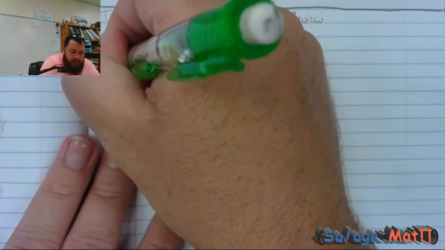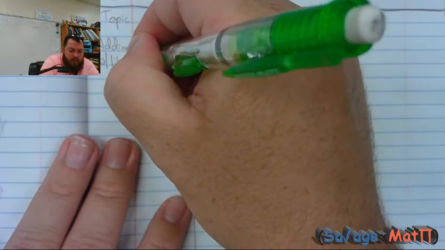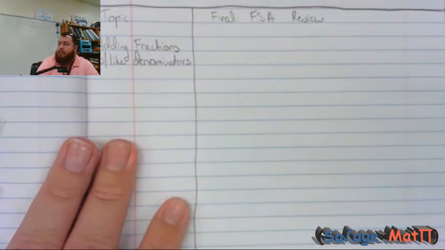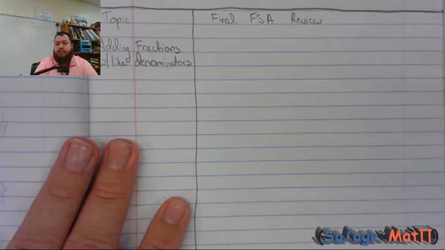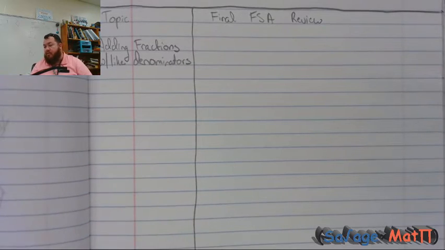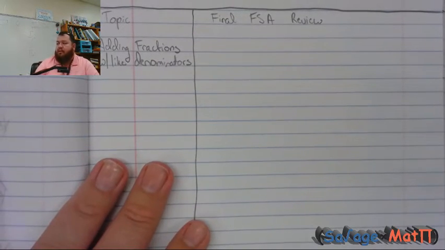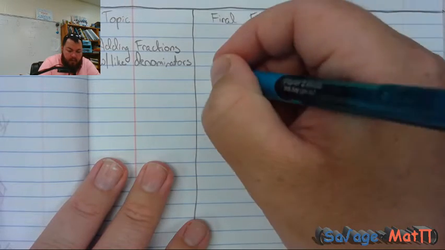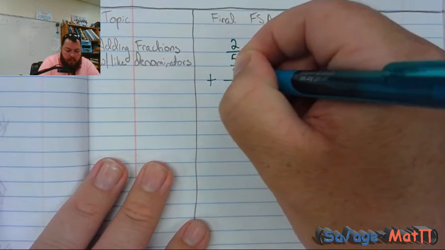Over here my topic is going to be adding fractions with like denominators. The fractions we're going to add, and this is going to be so simple, are 2/5 plus 1/5.